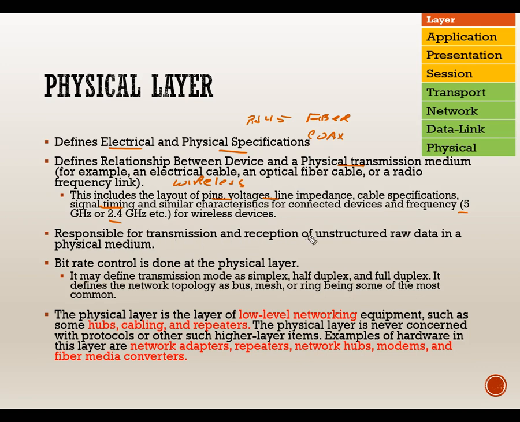It is responsible for the transmission and reception of unstructured raw data in the physical medium. We're just going to turn it into ones and zeros to send it across the network. Other layers are going to be responsible for structuring that data. The bit rate control is done at the physical layer.